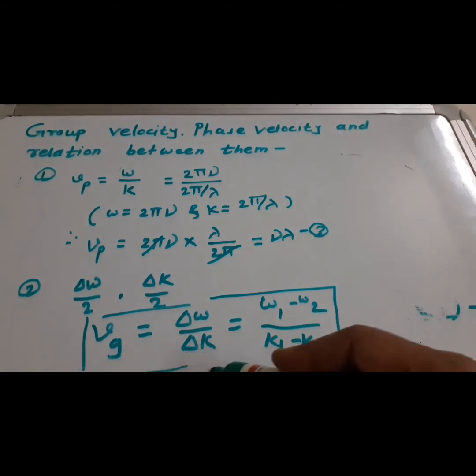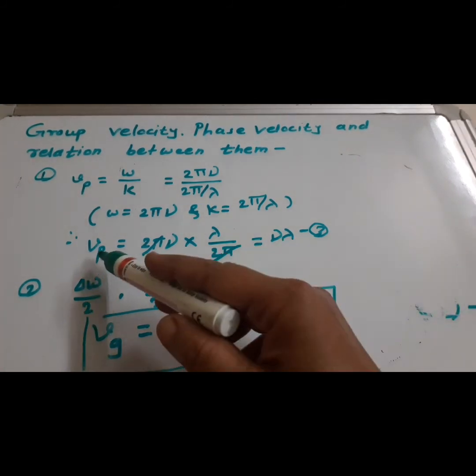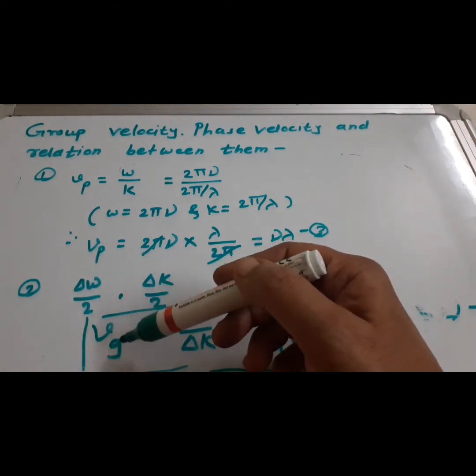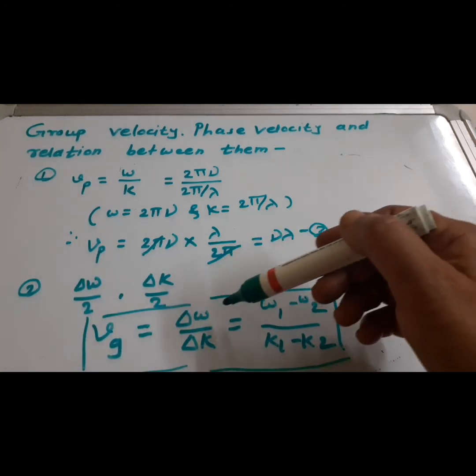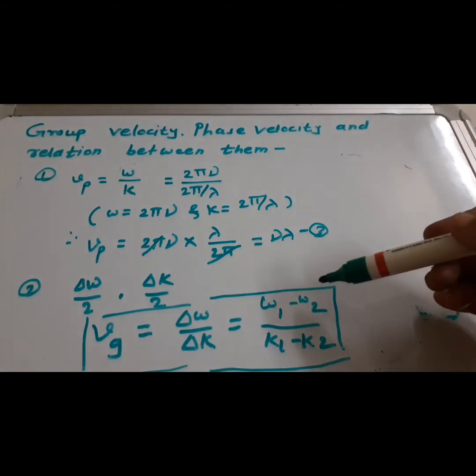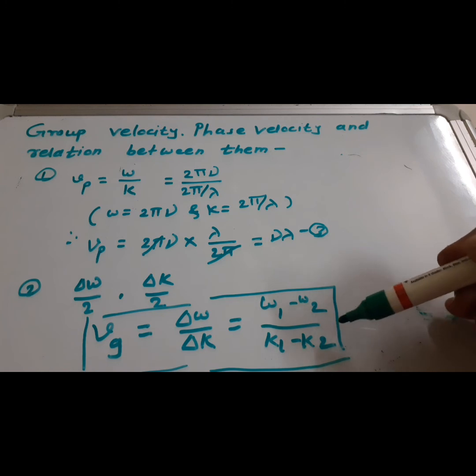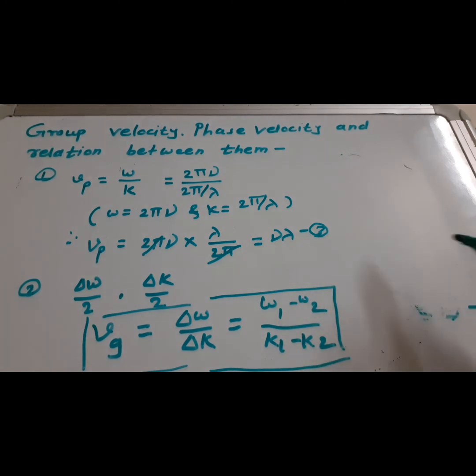Phase velocity or wave velocity is denoted by Vp or u, and group velocity is denoted by Vg, equal to delta omega by delta k, which is omega 1 minus omega 2 divided by k1 minus k2.